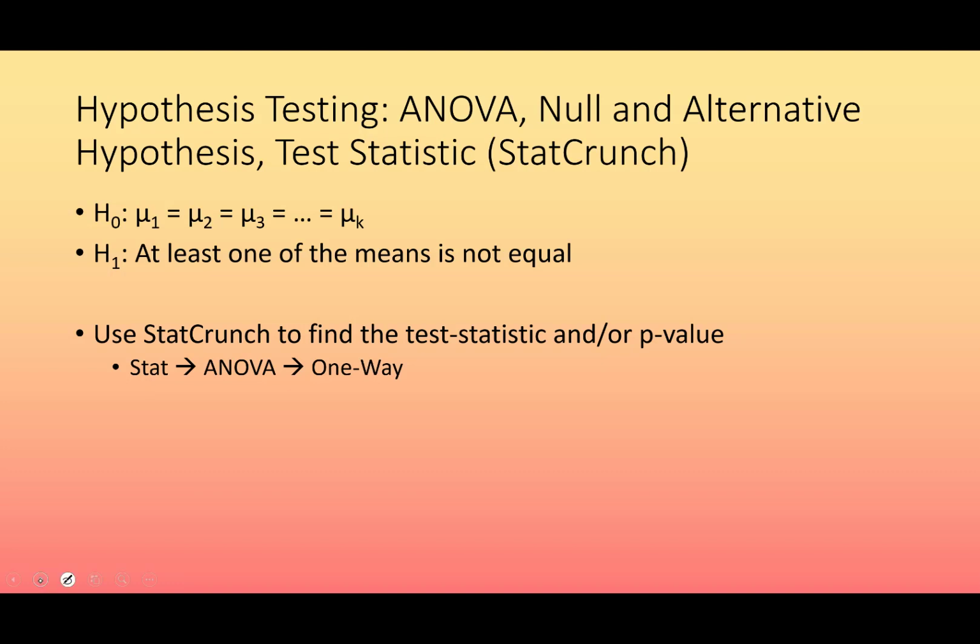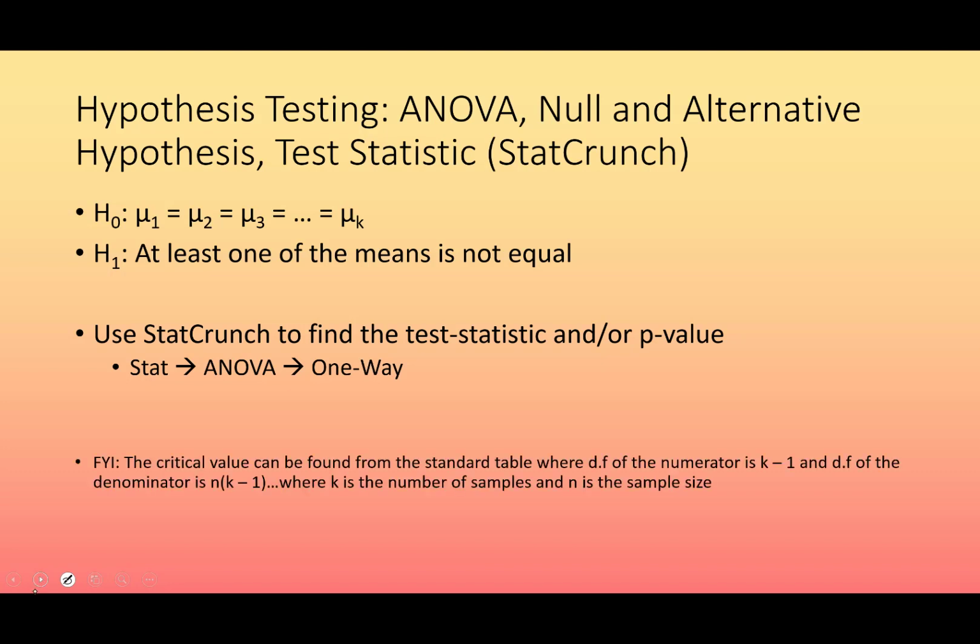Now, if you are going to find the test statistic and still use the critical value method, you would go to the standardized F distribution. There are 2 different degrees of freedom for the F distribution. You would have to compute the degrees of freedom of your numerator, which is going to be k minus 1, where k is the number of samples.